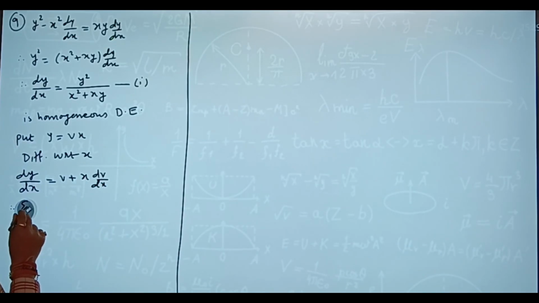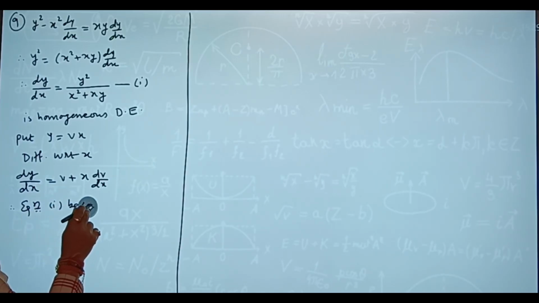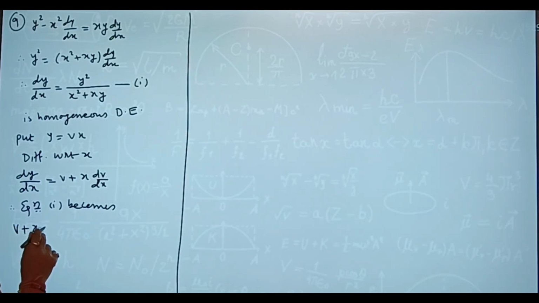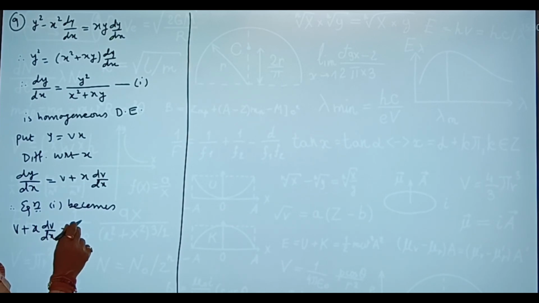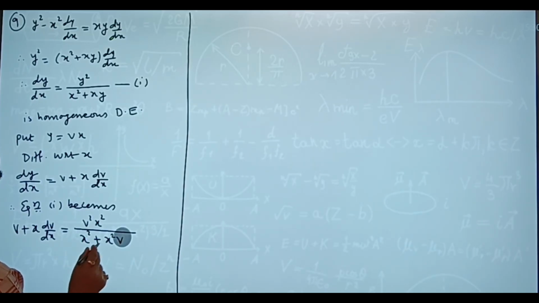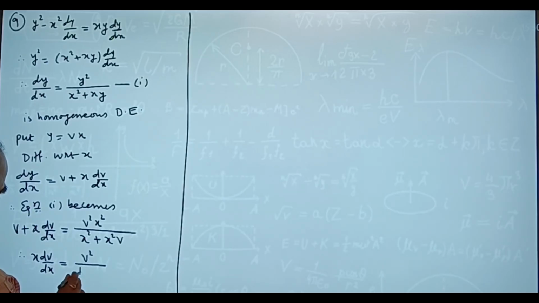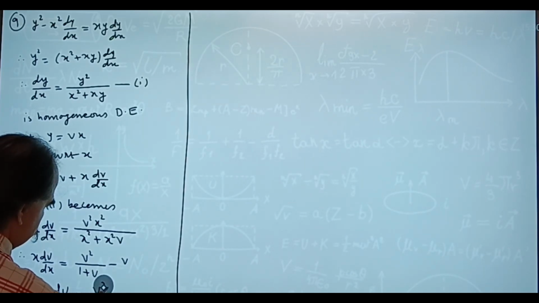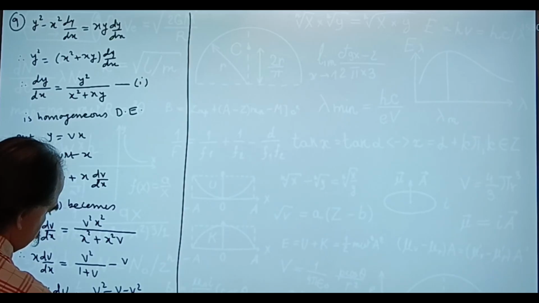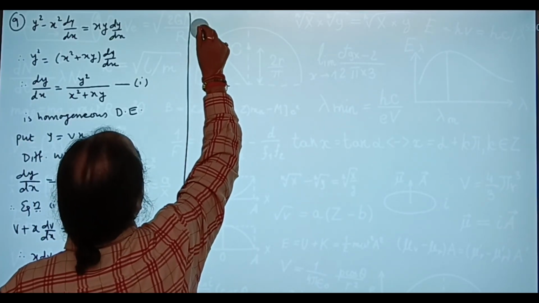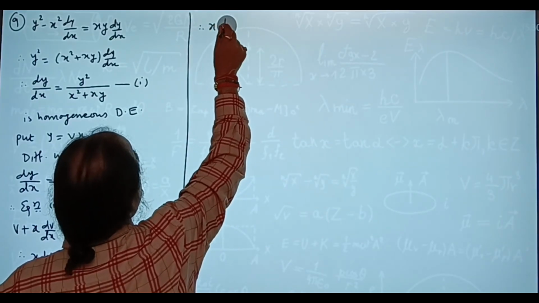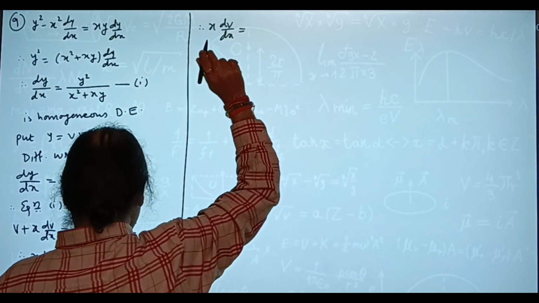Therefore, equation 1 becomes v square minus v. x dv by dx is what? Minus v upon 1 plus v.